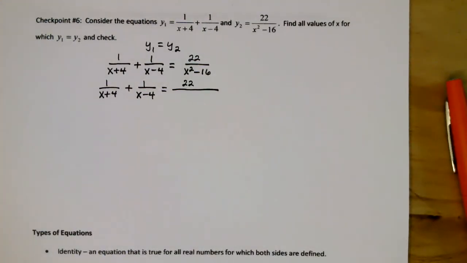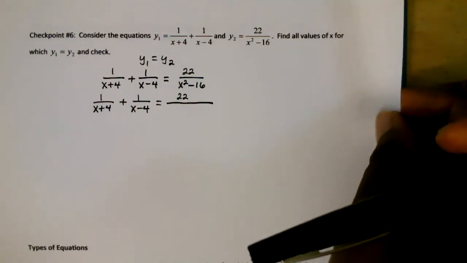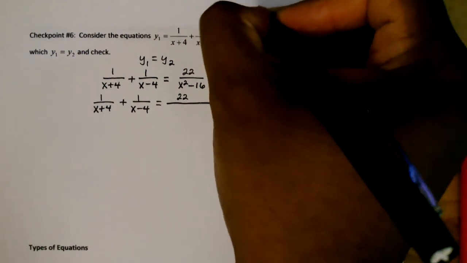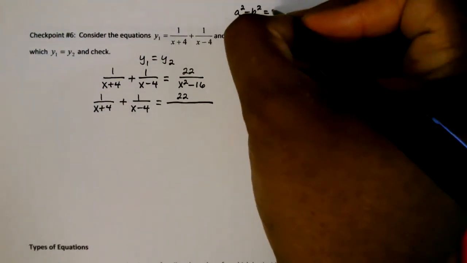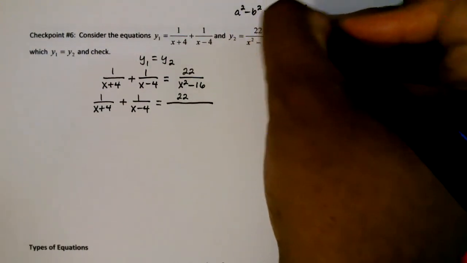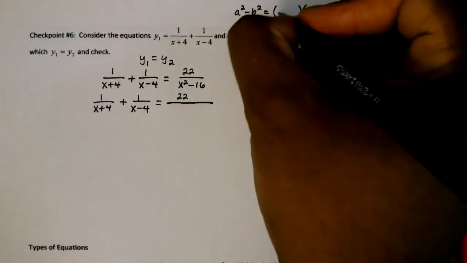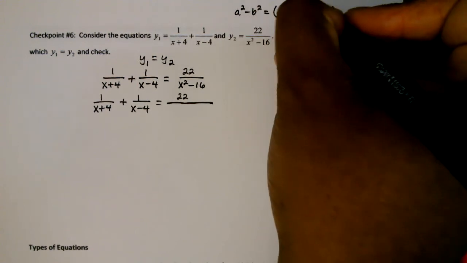Now, x squared minus 16, that's a difference of two perfect squares. And if you're not familiar with the difference of squares, a squared minus b squared, when you factor this out into two binomials, and that's only for the differences of squares, a breaks up as a times a, and b breaks up as b times b.